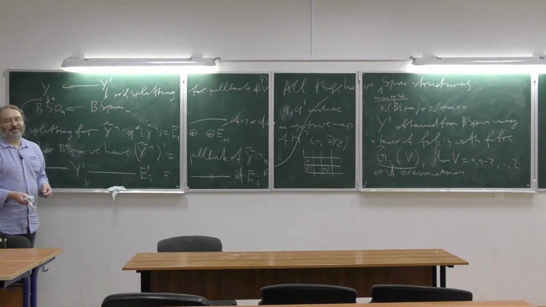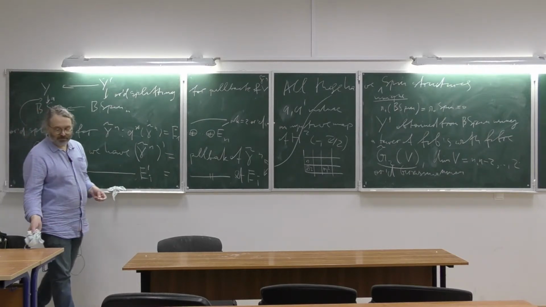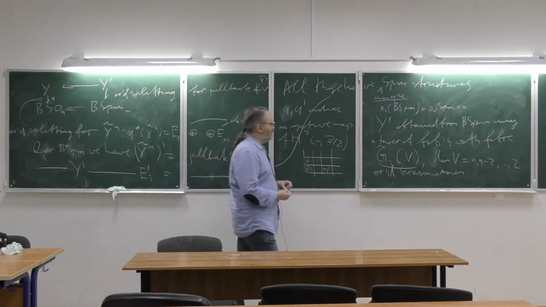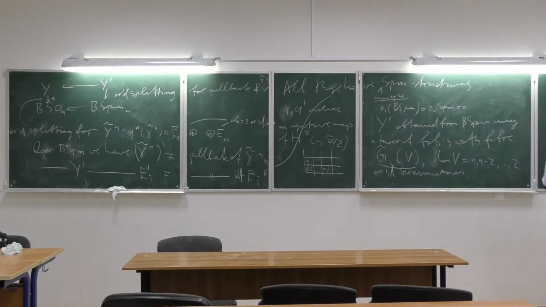I have just one question. I don't quite understand what is meant by this. Does it mean that y prime is obtained from this spin by some tower of fibrations? So is it some kind of limit? Or colimit, it doesn't matter. What I mean is, let's look at the first stage.